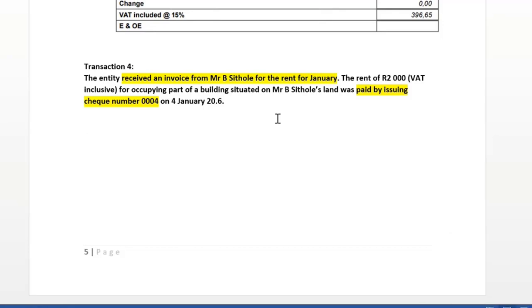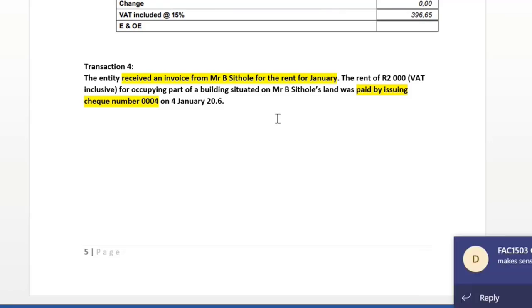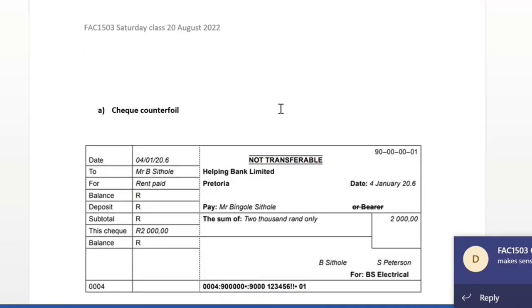They are paying for rent. This can't be a duplicate invoice because they are not receiving money.